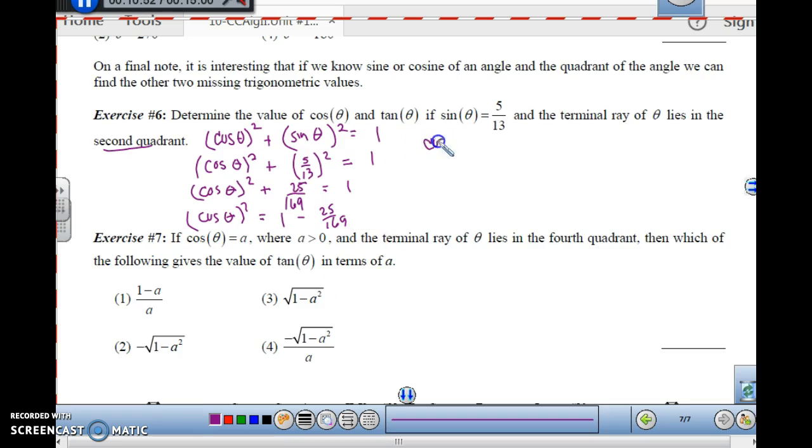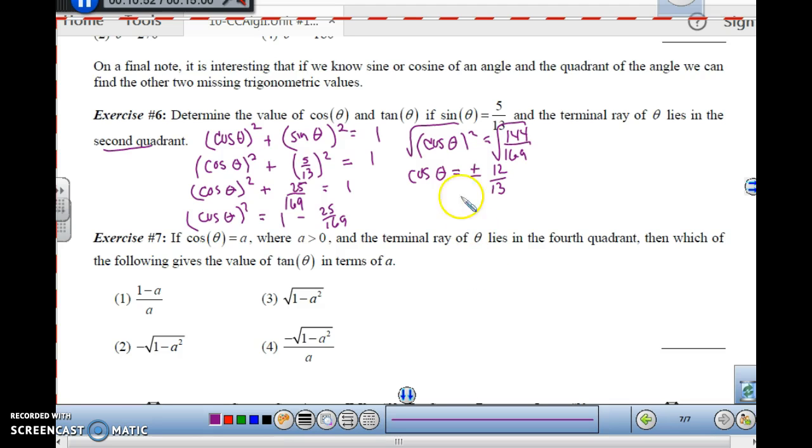So cosine theta squared equals 144 over 169. Now I'm going to take the square root of both sides. So cosine theta is equal to plus or minus, because when you take the square root, there's two answers. Square root of 144 is 12. Square root of 169 is 13.